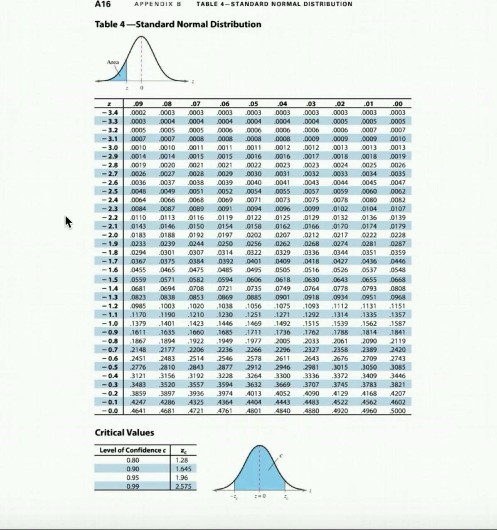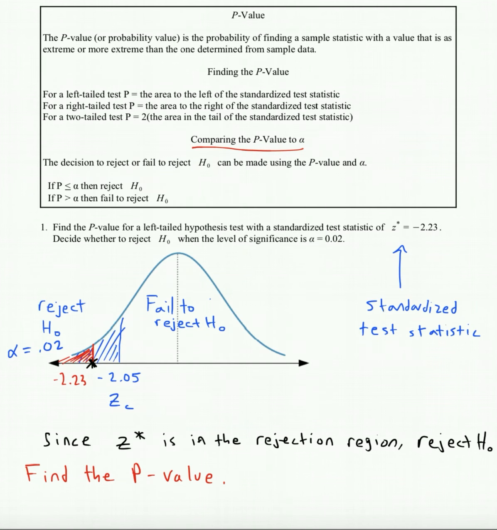We need to find the z-score of negative 2.23 and get the corresponding area. Here it is, 0.0129. So our p-value is 0.0129.